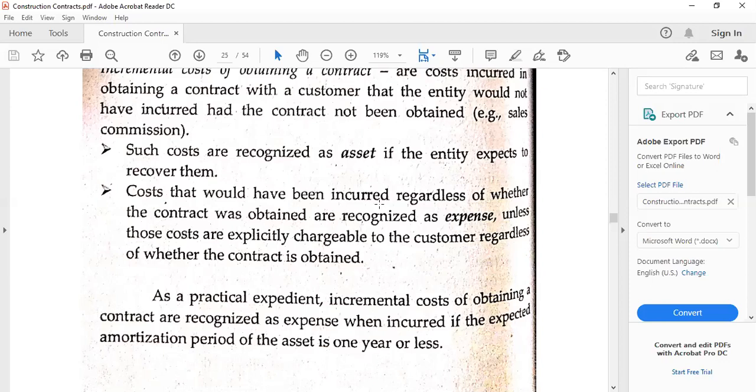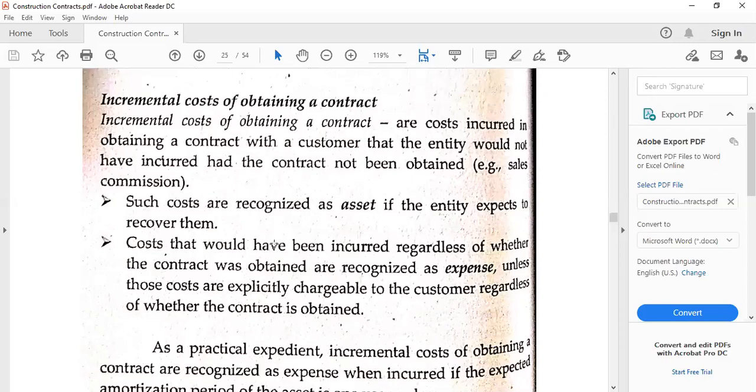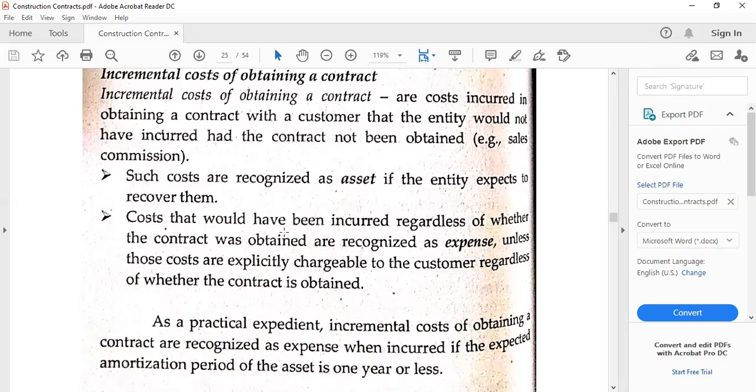So highlight on the second one again that although the costs are incremental, however, the costs are not explicitly chargeable to the customer, so they have to be expensed immediately. Because again, the entity cannot recover them in any manner.